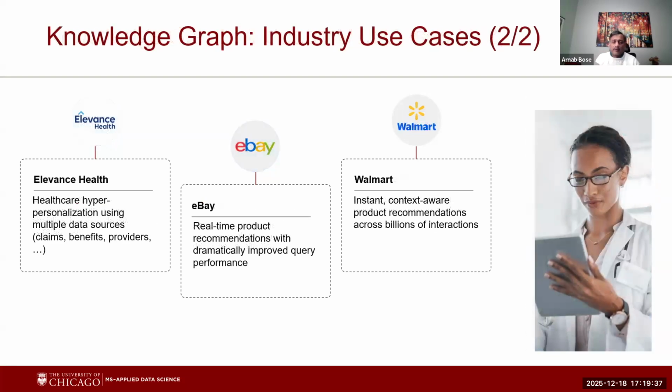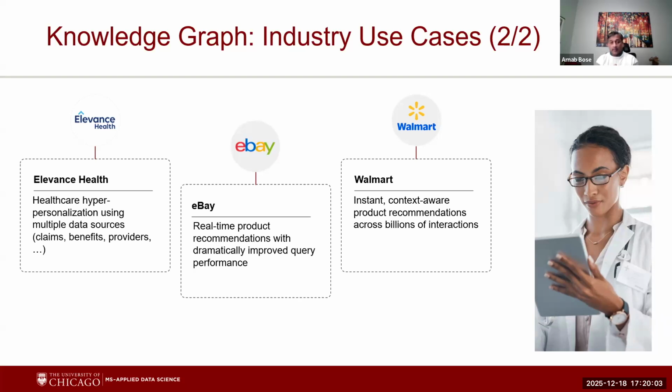And then some more industry use cases. If you don't know Elevance Health, they're one of the biggest Blue insurers across the country, and a health insurance provider. They also hyper-personalize healthcare, so they know exactly what product, in terms of which insurance, to offer to different individuals.